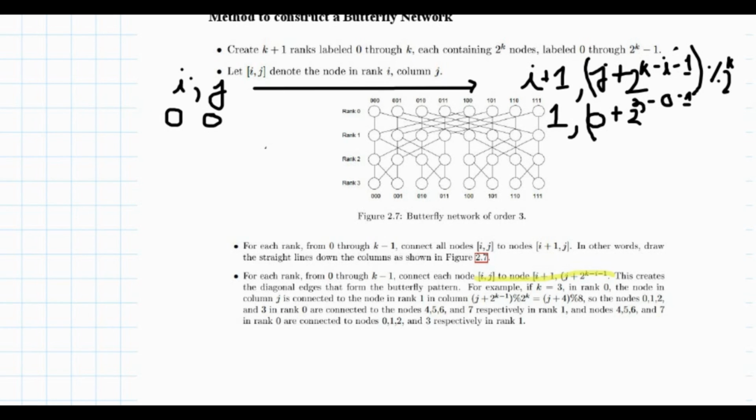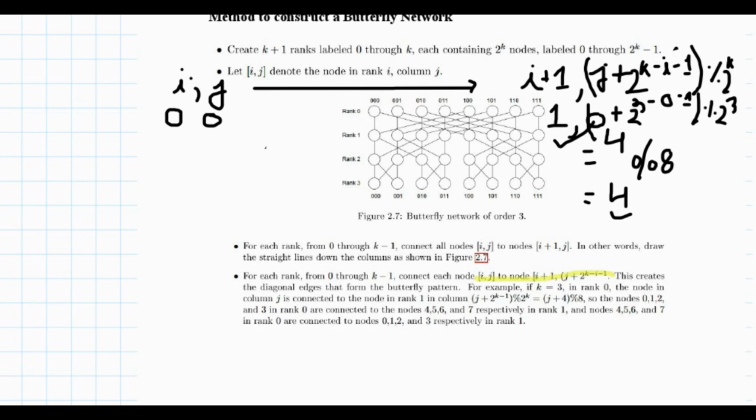Now modulo 2 to the power k, that means 2 to the power 3, and this equals 2 squared, that means 4 modulo 8. If you divide 4 by 8, then the remainder or the result of this modulo division will be 4. So the address of the destination node will have rank 1 and column number 4.